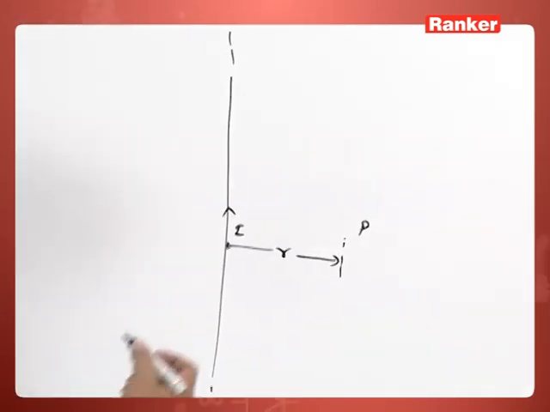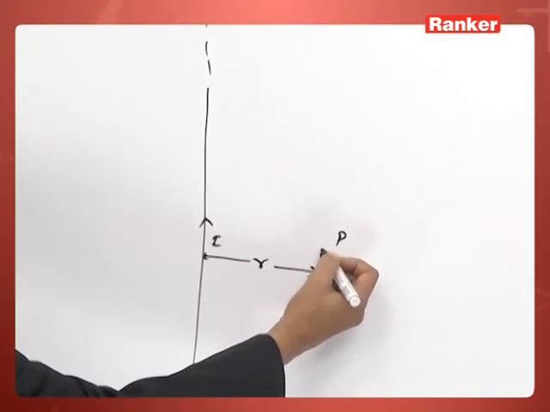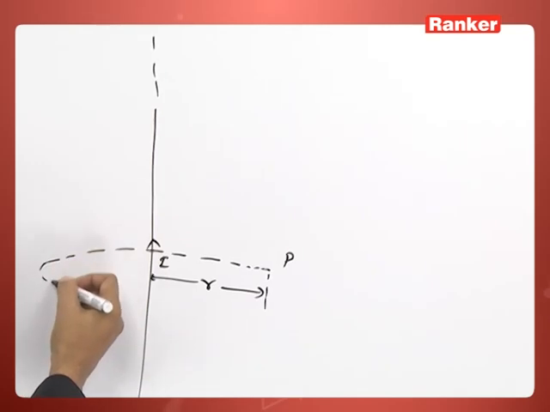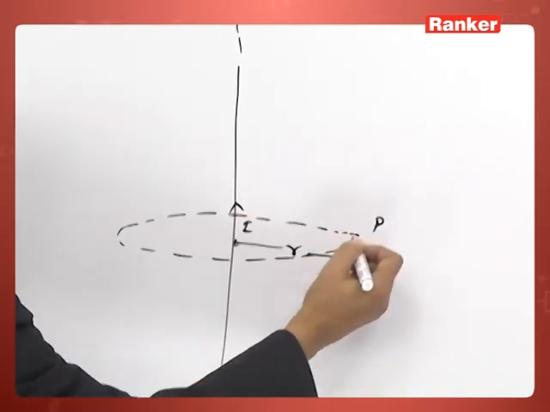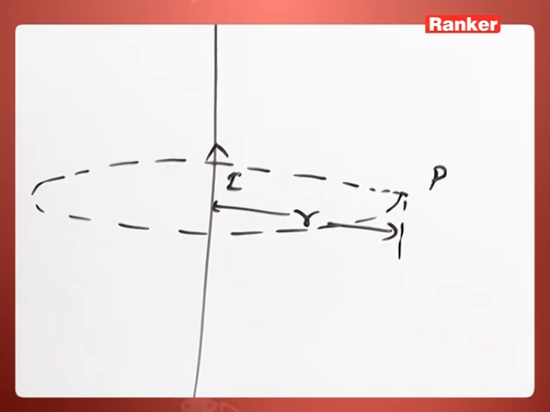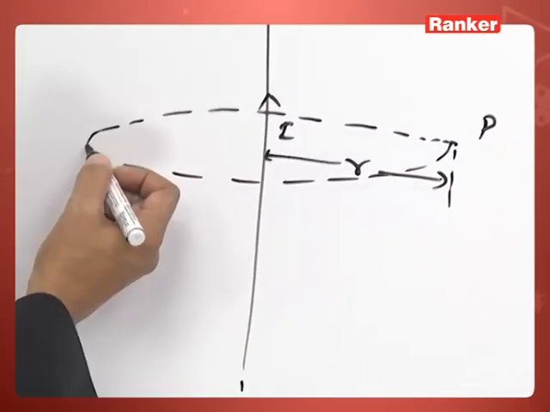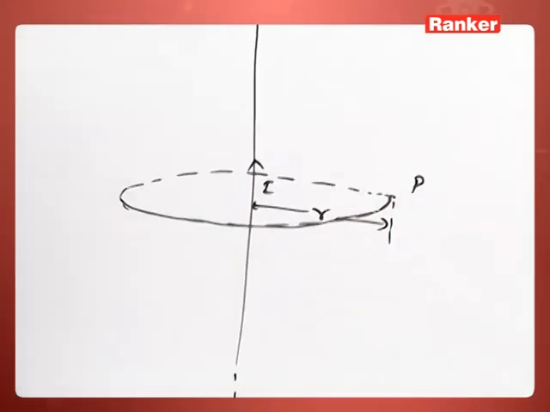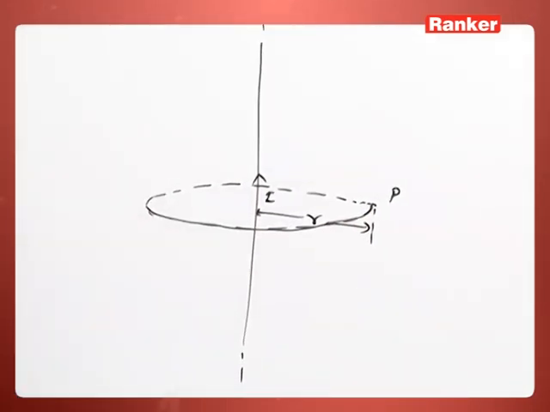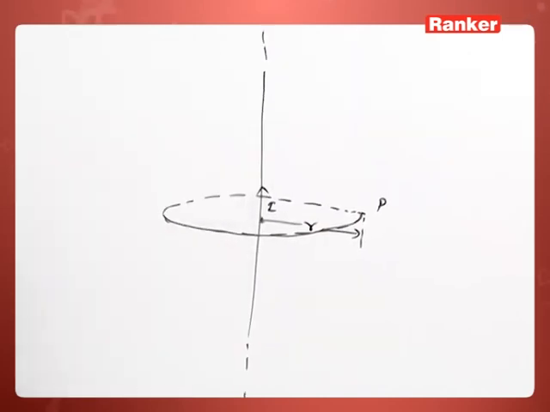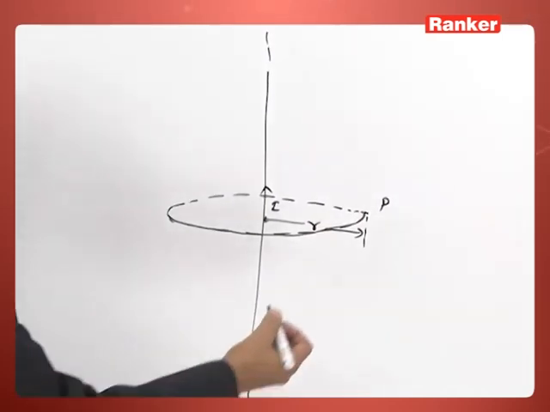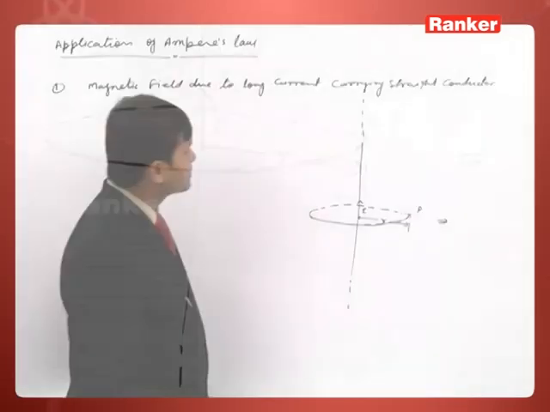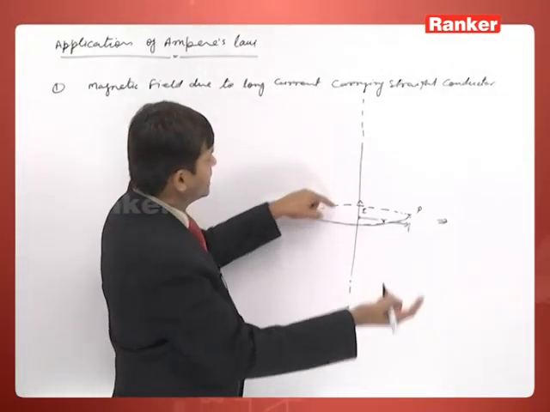If we make a circular loop of radius r, then it will be easy because all points on this loop will be symmetrically located from the current carrying conductor.